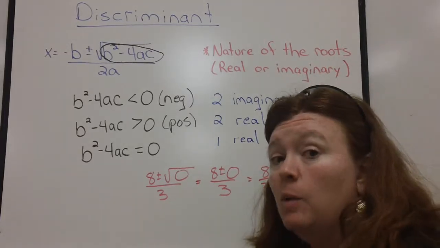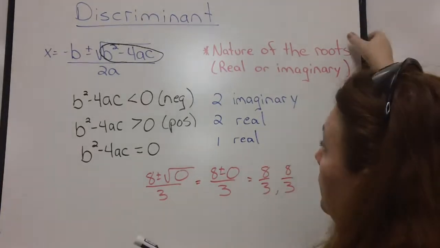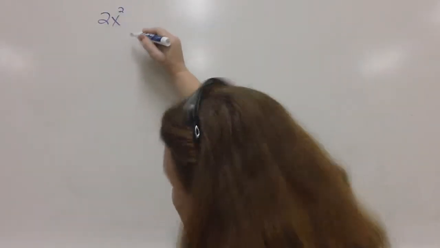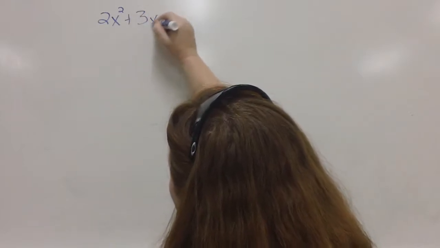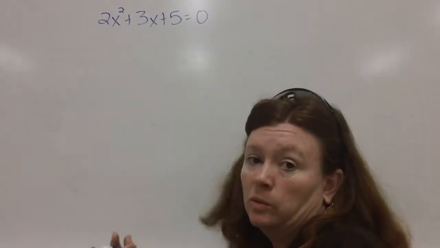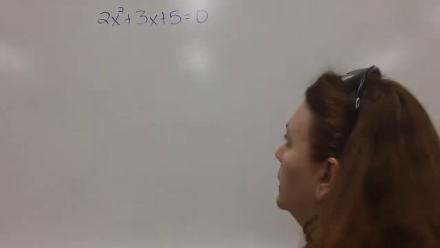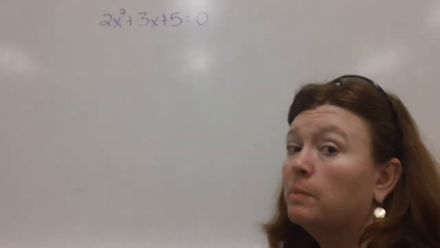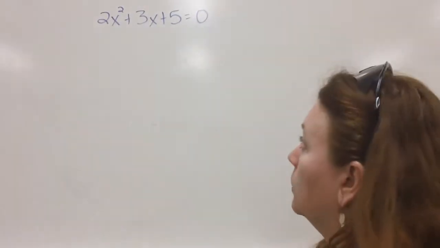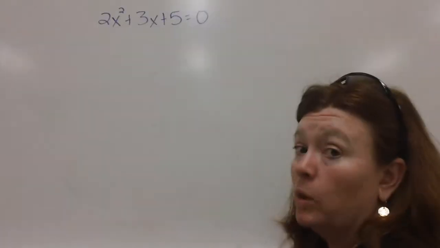So what is it that I want you to do? I'll just write on the board. All right, let's try one. 2x squared plus 3x plus 5 equals 0, or equals y, or whatever. That's not the important part. The important part is the question is going to ask, what is the discriminant?